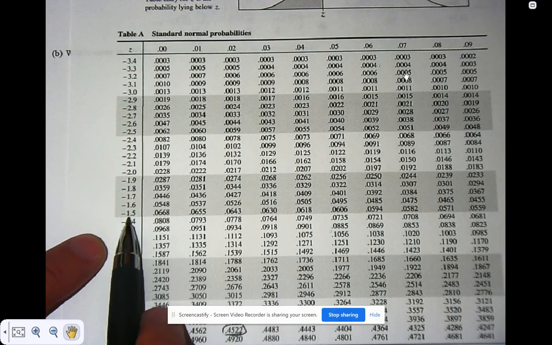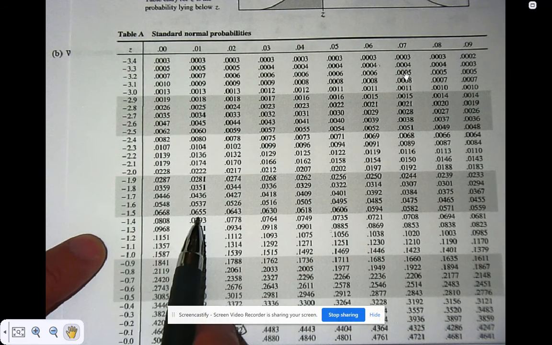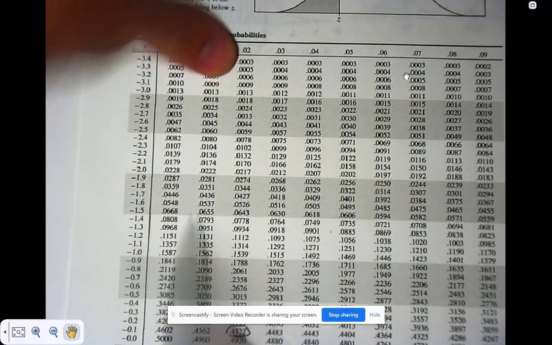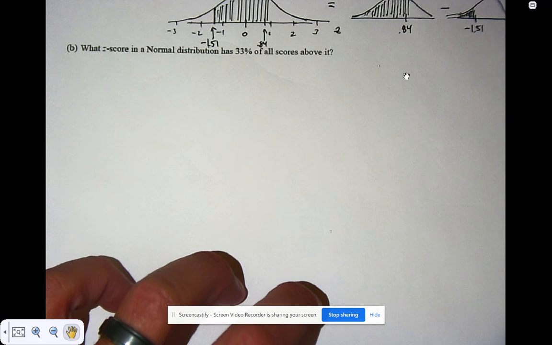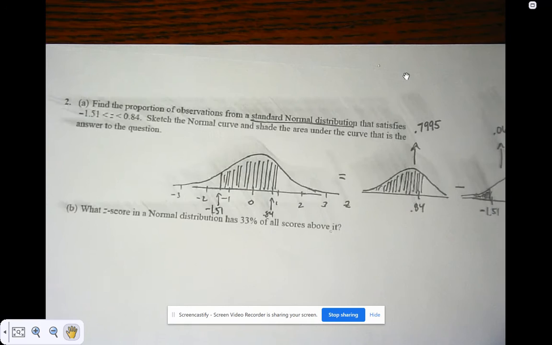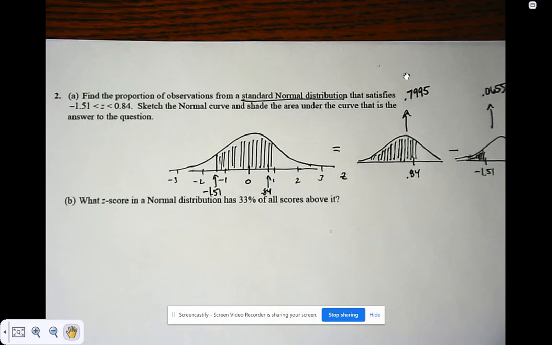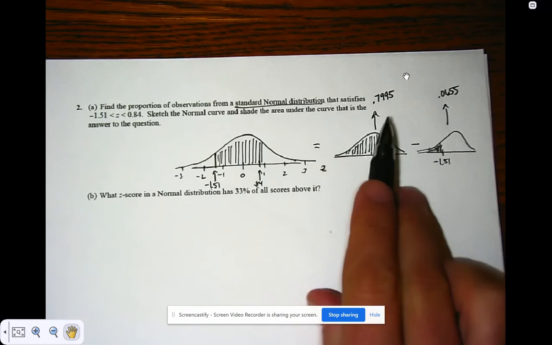Okay, -1.5, and then 1, if you scroll up, is right there. So that's 0.0655.